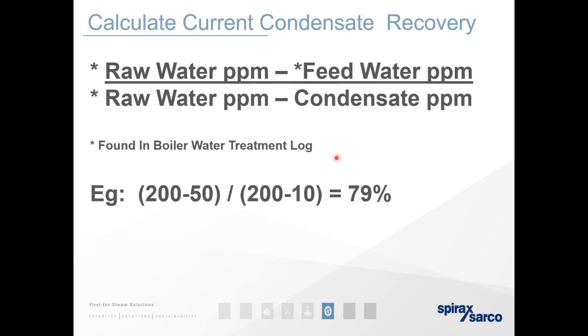The extra void, the extra space, has allowed it to flash into steam. So all condensate pipes, unless they're very, very close to atmosphere, from the differential pressure, will contain flash steam. So there will be a certain percentage of flash steam in even your condensate pipes. Hopefully that answers that question.